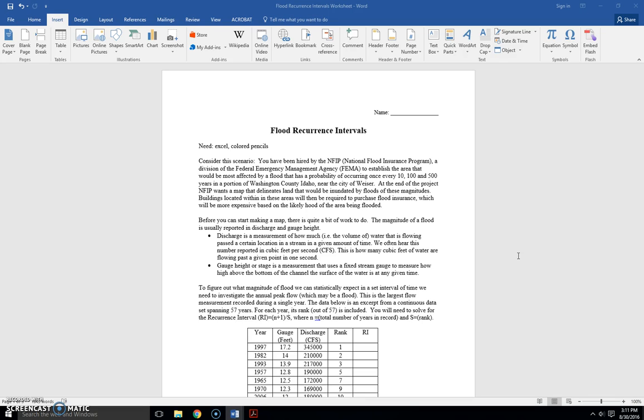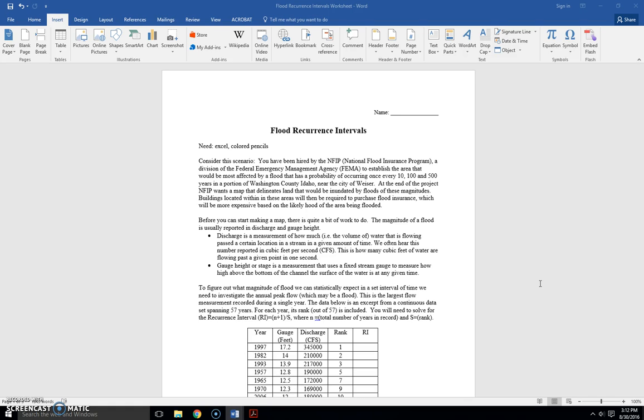This is exactly how many cubic feet of water are flowing past a given point in 1 second. Gauge height, or stage, is a measurement that uses a fixed stream gauge to measure how high above the bottom of the channel the surface of the water is at any given time.